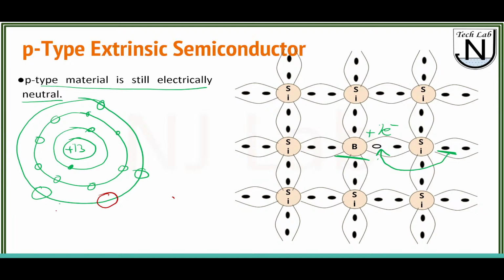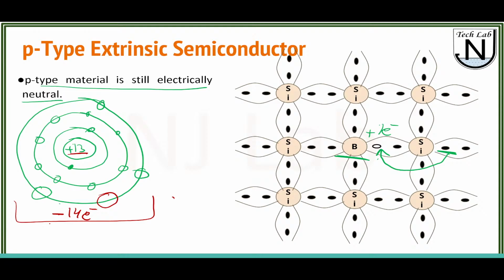So the total number of electrons becomes 14, or the charge becomes minus 14, right? And since the nucleus is plus 13, overall this particular atom has a negative charge.